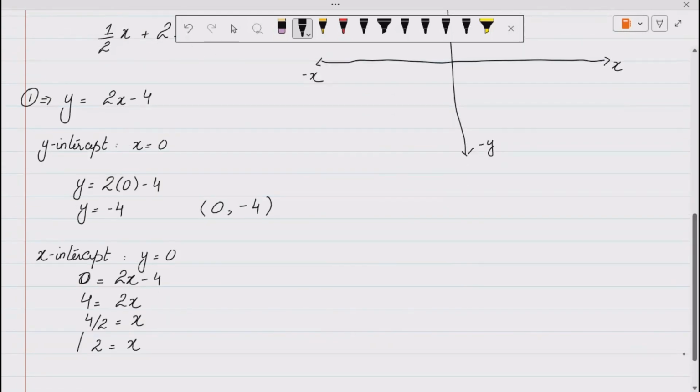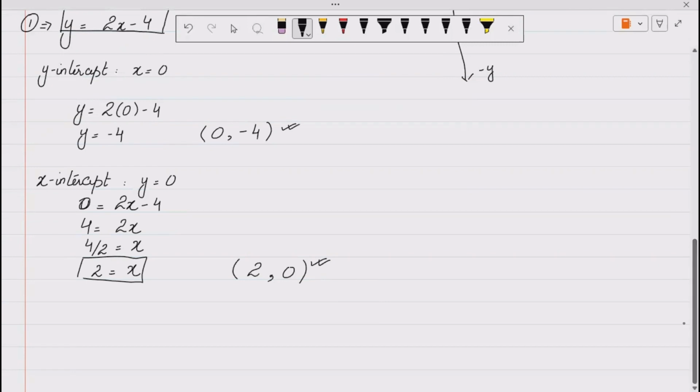So x is 2. So the next point is x is 2, y is 0. Y always comes in the second position. So this is 2 comma 0. So we found 2 points for this line, so our work is done. Now let's find 2 points for equation 2 as well.